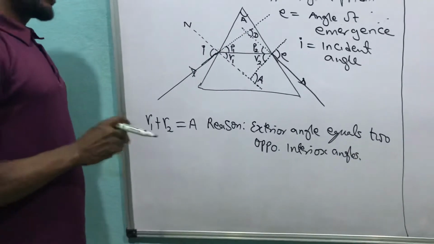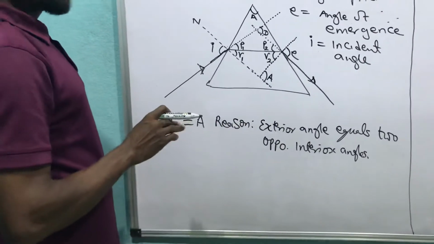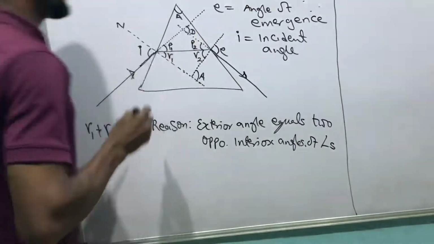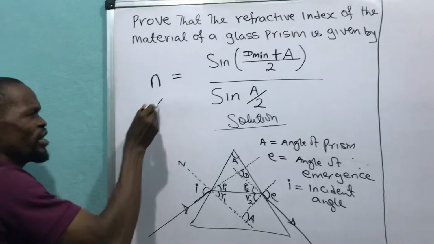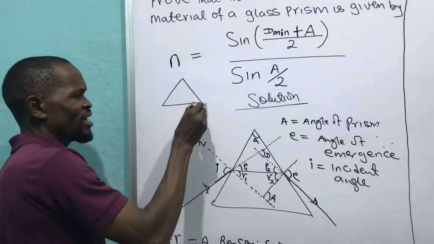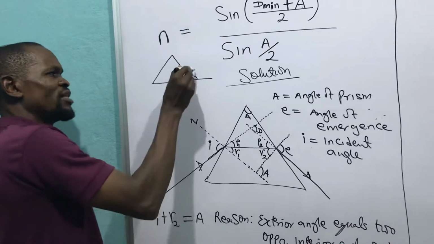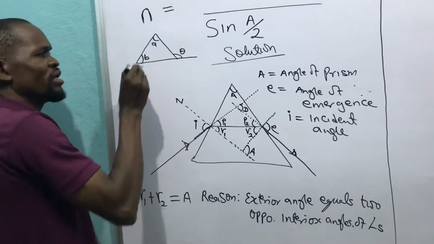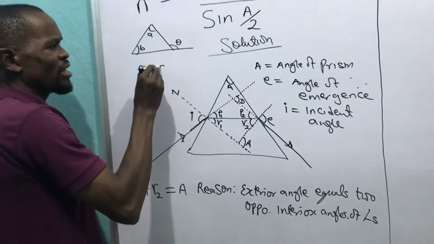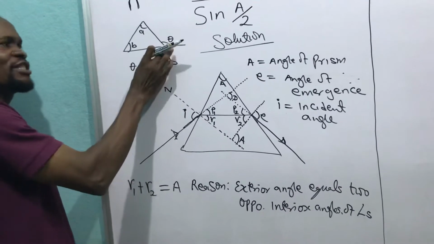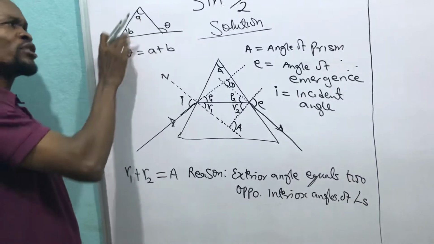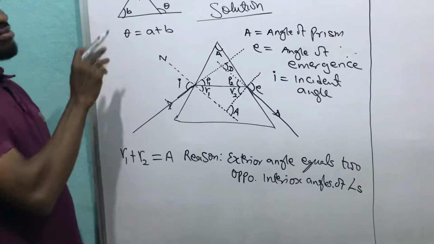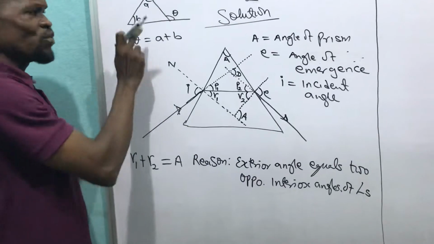What do we mean by that? The exterior angle equals the sum of the two opposite interior angles of a triangle. Look at it. If we have a triangle this way, and this is the exterior angle of this triangle, this angle theta is equal to this A plus B. That means theta is equal to angle A plus angle B. That's the exterior angle equals the sum of the opposite interior angles of a triangle.